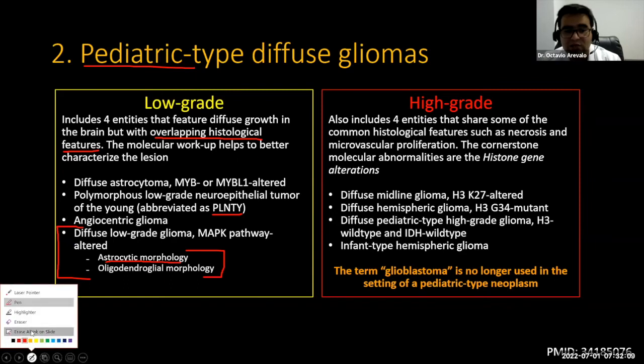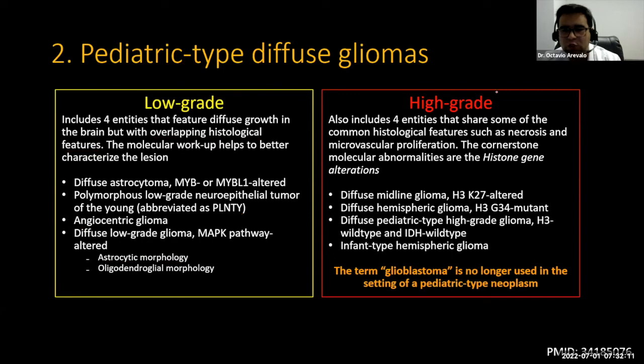So, and now take a look at the high grade group. It also includes 4 entities that share some of the common histological features such as necrosis and microvascular proliferation, but the cornerstone molecular abnormality here is the histone gene alterations. So this is very important for you to keep in mind.